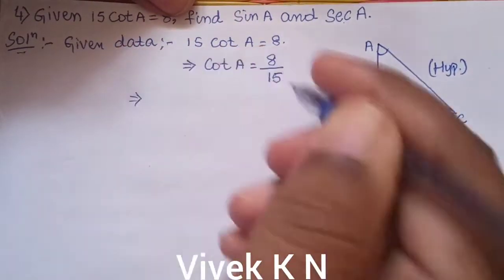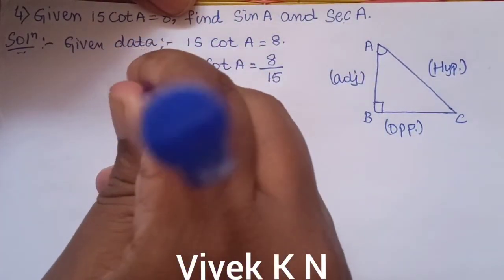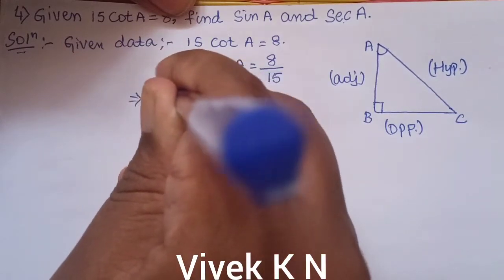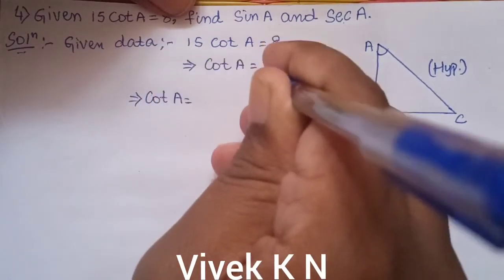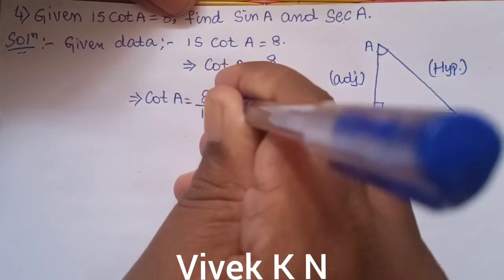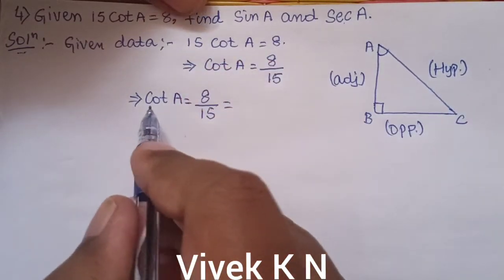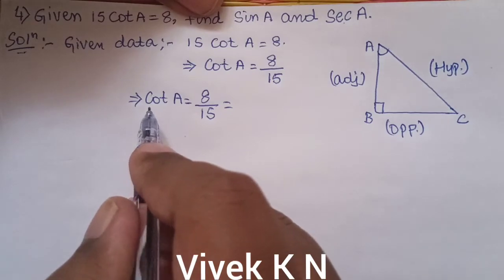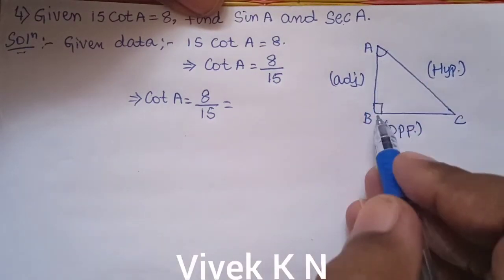Then cot A is equal to 8 by 15. The definition of cot A is adjacent by opposite. The adjacent side is AB.